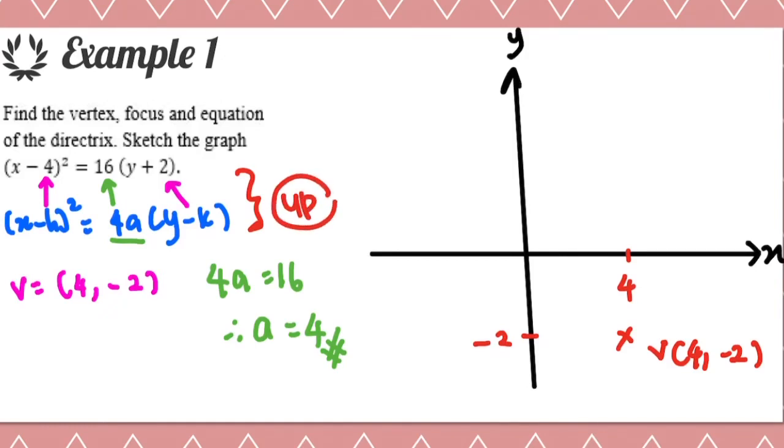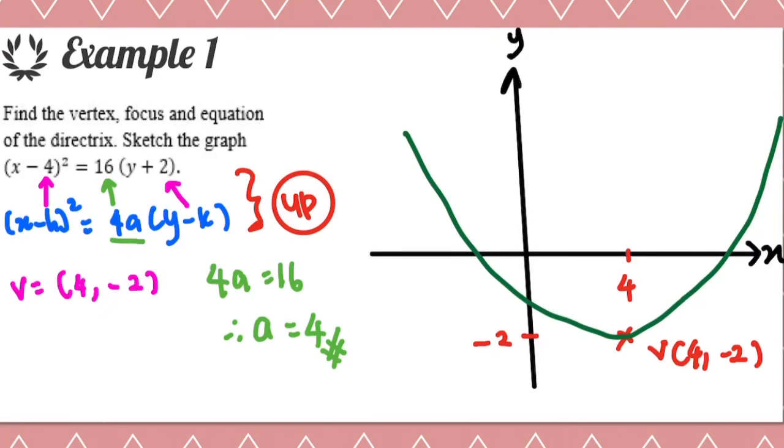This is the graph of a parabola opening up, which you can see from the general equation. So it opens to the left and also to the right.